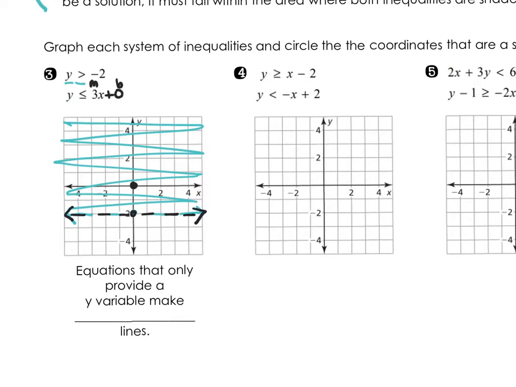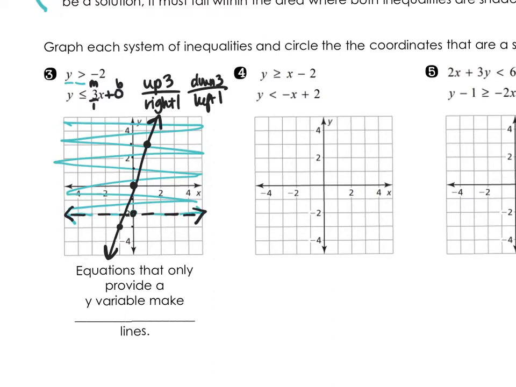My m is 3. And you can put it over 1 if that helps. So that means up 3, right 1, or the opposite, down 3, left 1. So from this point, 1, 2, 3, right, 1, 2, 3, down. And this is an or equal to, so that's going to be a solid line.